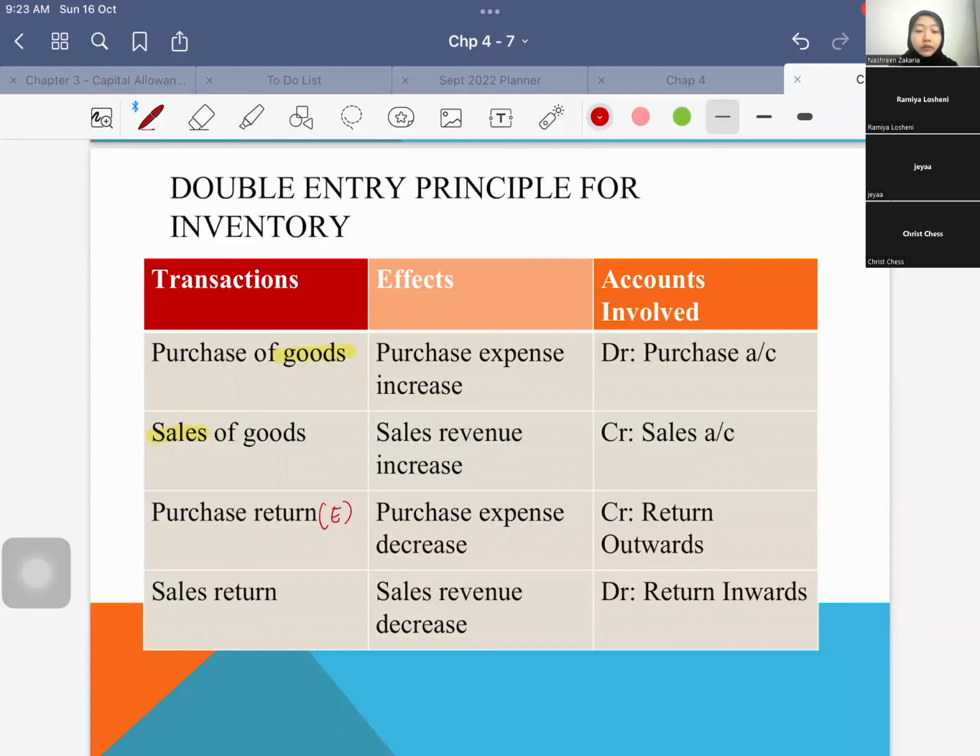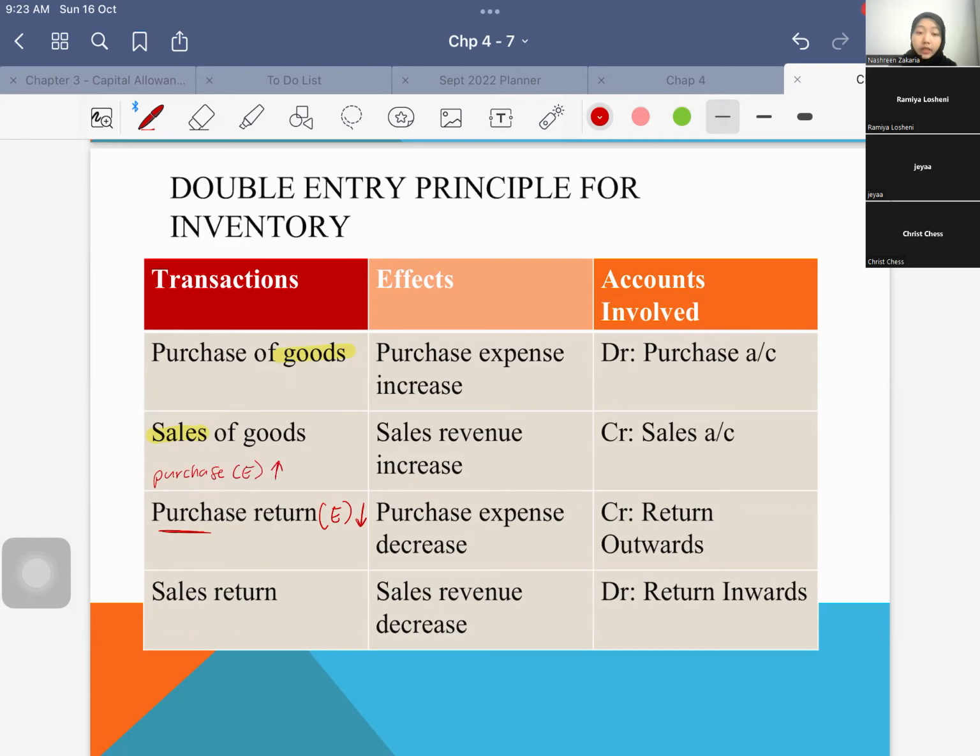Okay, purchase return. The elements for purchase return is expenses. Purchases kan expenses kan. So when we return back our purchases thing or the goods, our expenses now is decreasing. Okay, I'm not sure you guys can follow me or not. Let me repeat this again. When we purchase a good, our purchases account expenses is increasing, isn't it?